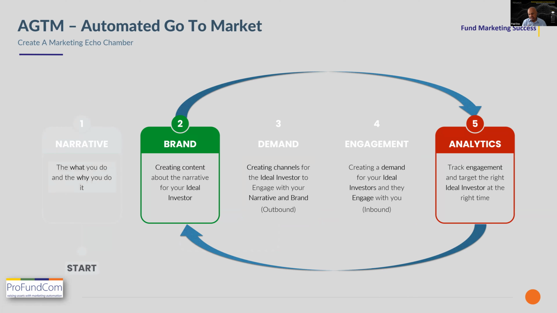That is the second part of the go-to-market strategy that fund managers should be thinking about: how do they go about automating that process? They create content, and then split that content up and deploy it over multiple channels, long form, short form, video, website, social post, email, analyze that content, and then work out what's working and what's not working.